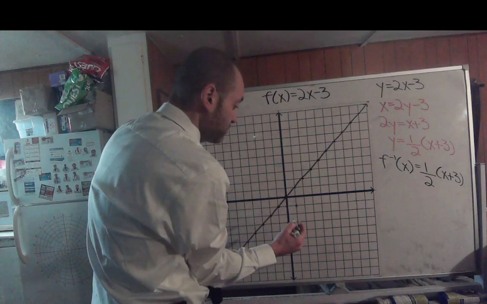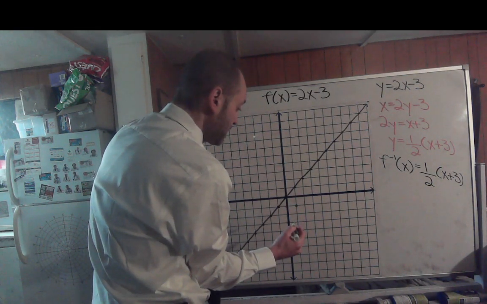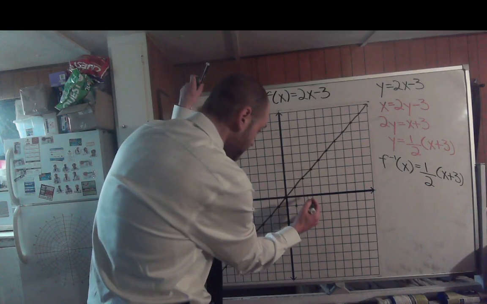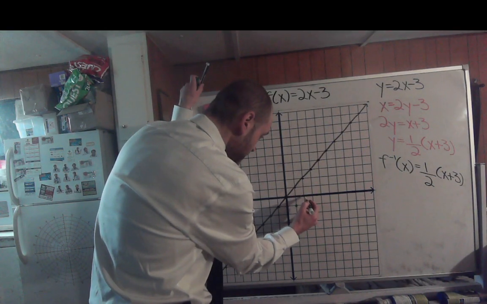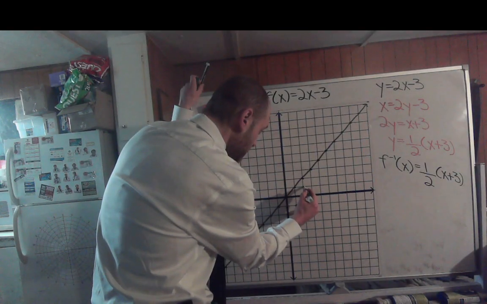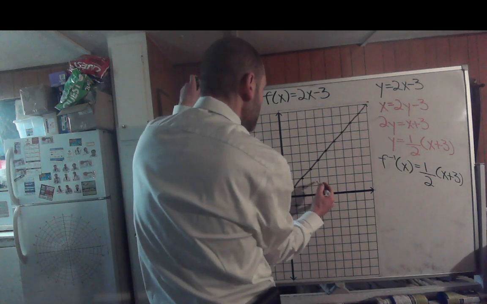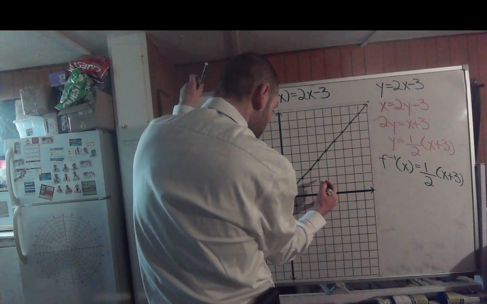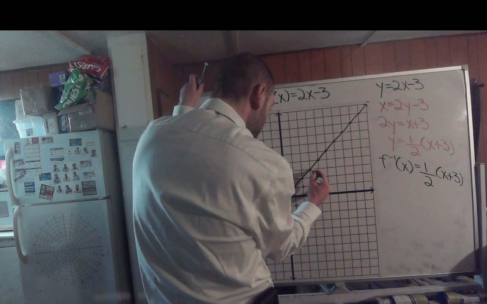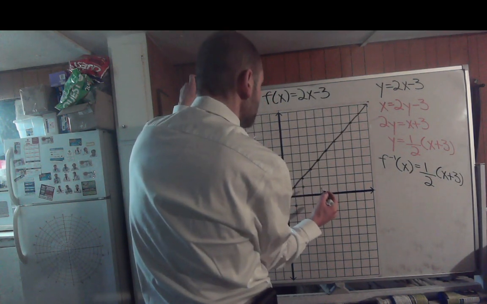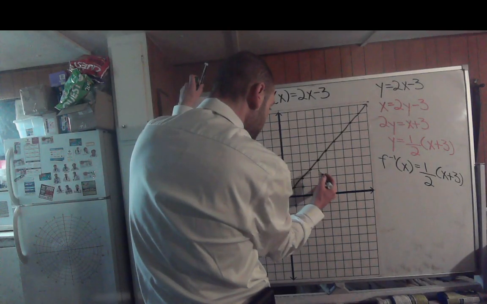When x equals 2, we have 1 for a value. x equals 3, we have 3 for a value. x equals 4, we have 5.